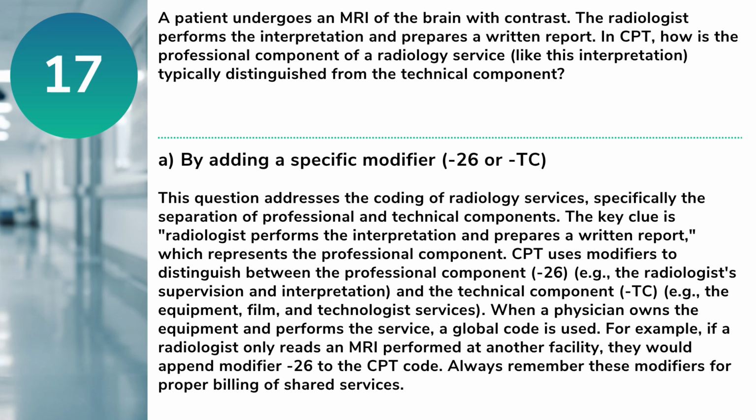When a physician owns the equipment and performs the service, a global code is used. For example, if a radiologist only reads an MRI performed at another facility, they would append modifier -26 to the CPT code. Always remember these modifiers for proper billing of shared services.